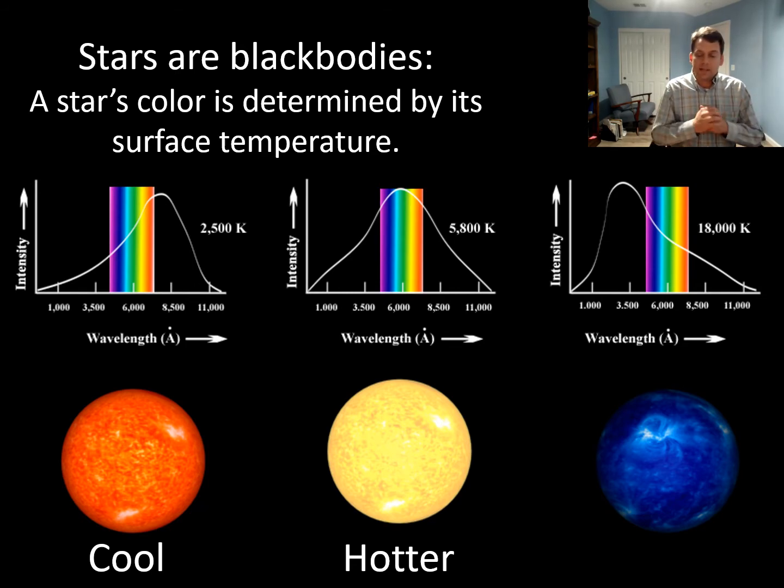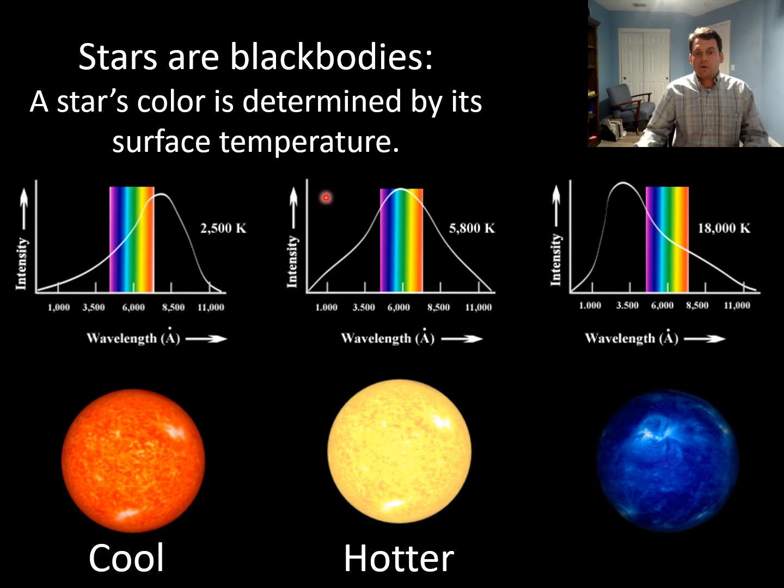Stars radiate very much like blackbodies, which means that everything that you learned about a blackbody spectrum and what it looks like, how it starts at zero and then reaches some peak, the peak wavelength of which is given by Wien's law as a function of temperature, and then it tails off, everything that you know about that is true of stars, right?